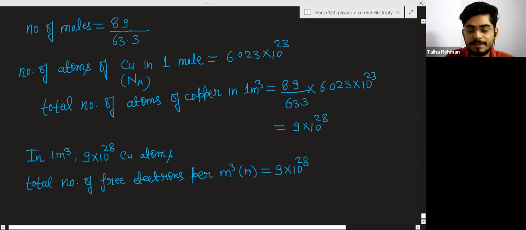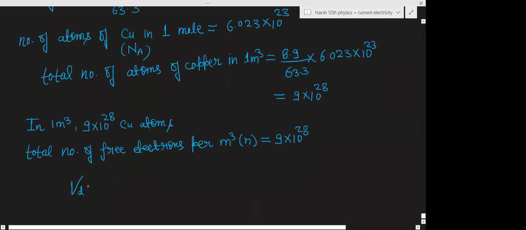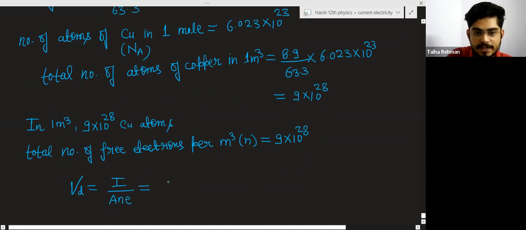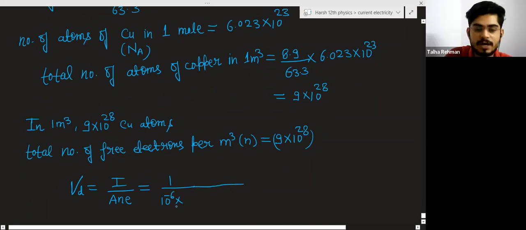Now we have calculated the value of small n. Now we can calculate the drift velocity. Drift velocity is I by nAe. I is given as 1, area is given as 10 to the power minus 6, and now we have n. All the work we have done is to calculate this n.